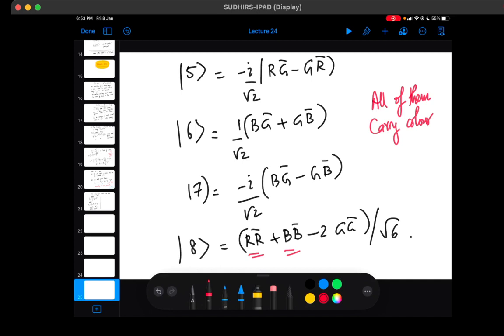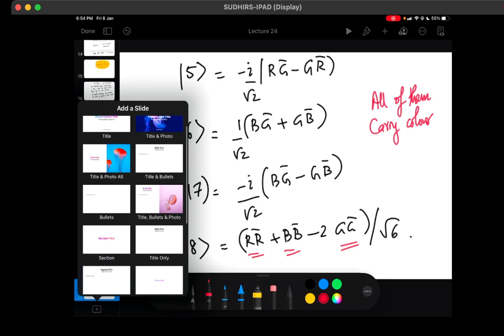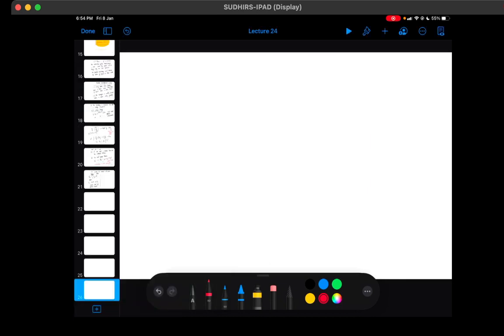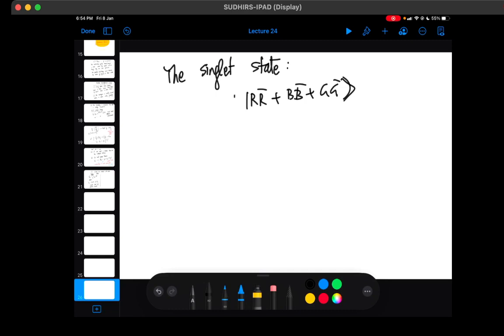And then there is also a ninth state, which is essentially the singlet state made up purely of gluons: RR bar plus BB bar plus GG bar by root 3. So this would be a singlet.